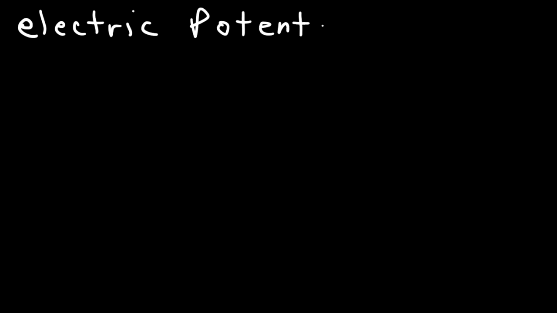Now we need to visit something called electric potential. This is the next topic that you need to learn after electric field. So what is meant by the term electric potential?